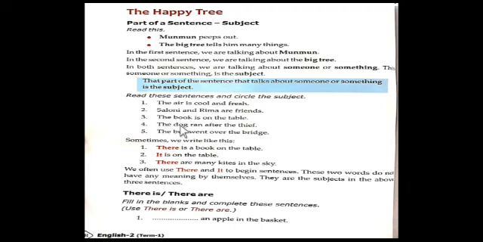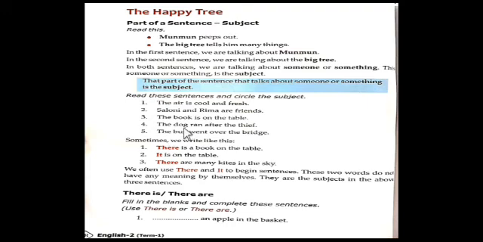Circle the words the dog. So these are the subjects. And fifth one, the bus went over the bridge. So here also the bus is the subject of this sentence.